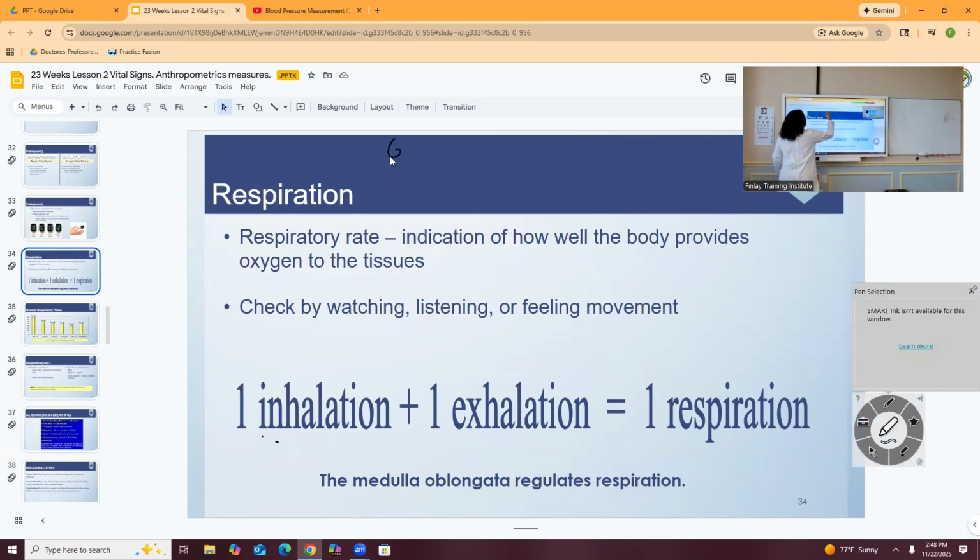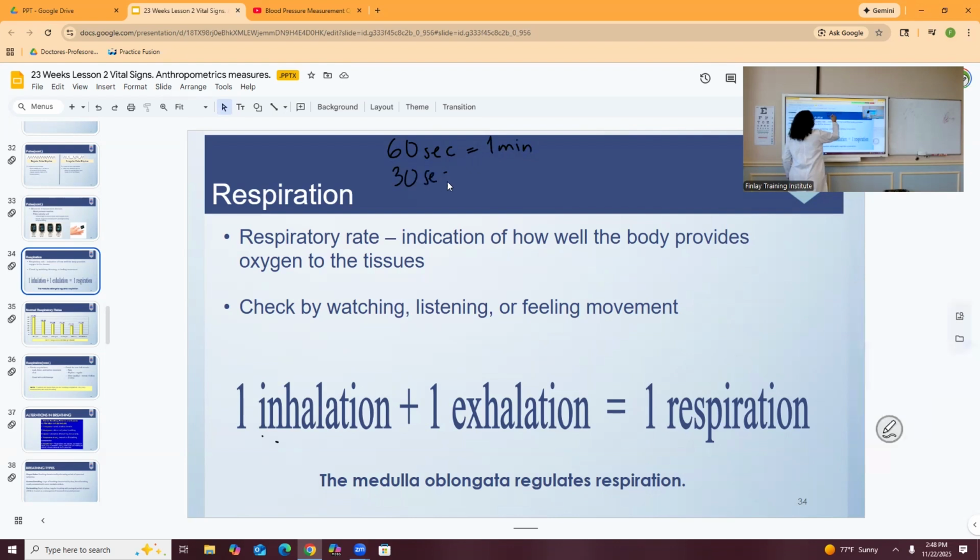So we can go the whole minute, or we can use 30 seconds, that is half a minute, and we're going to multiply by 2, and that is going to give us the breaths or respirations per minute. I'm going to use the R so you don't get confused. Respirations per minute.